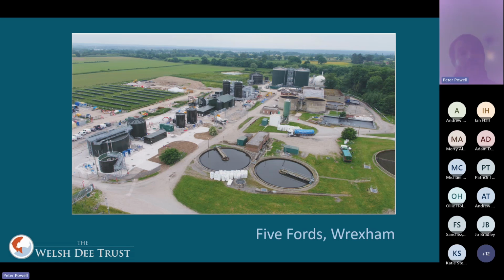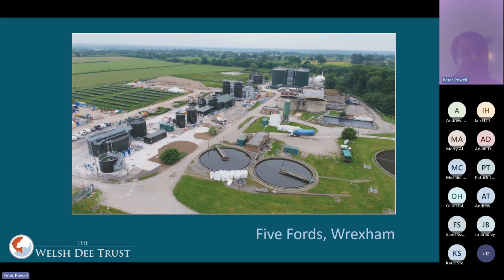This treated effluent, the phosphorus from the treated effluent, is probably one of the biggest sources of phosphorus within the River Dee. There are fewer than 50 sewage treatment works across the Dee, each one with one pipe that puts out this effluent.